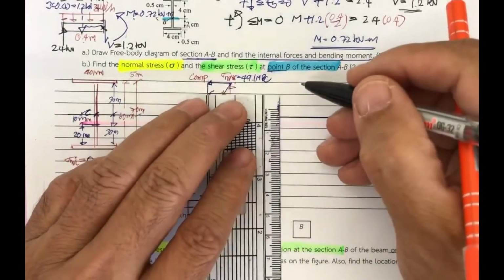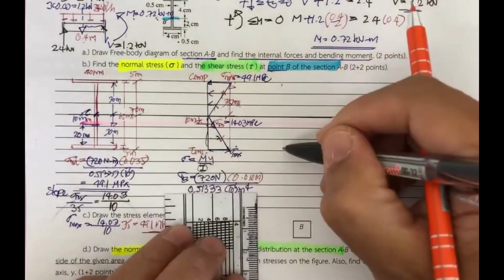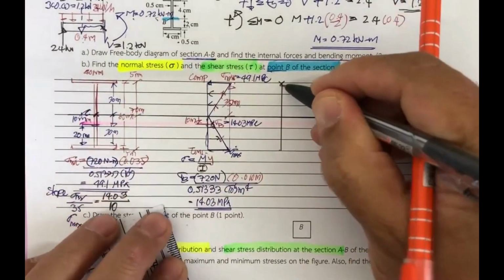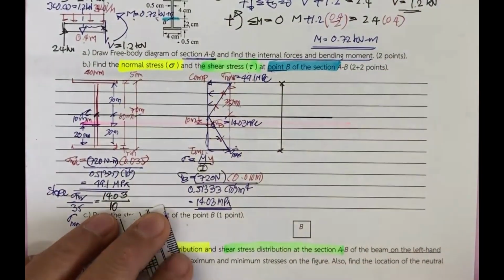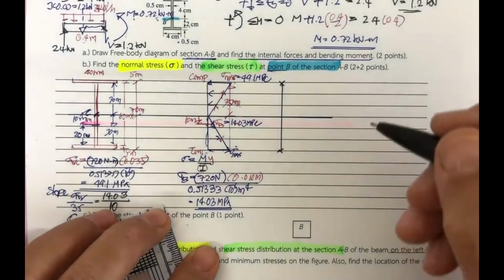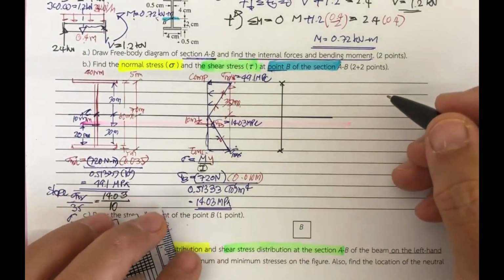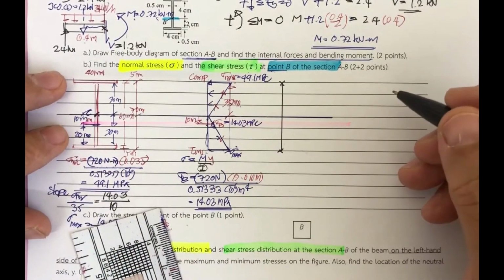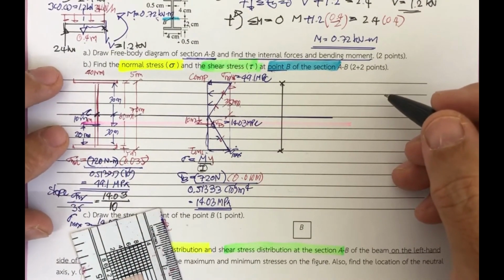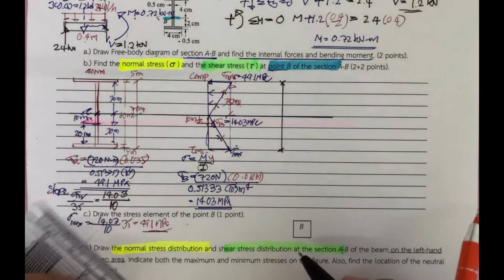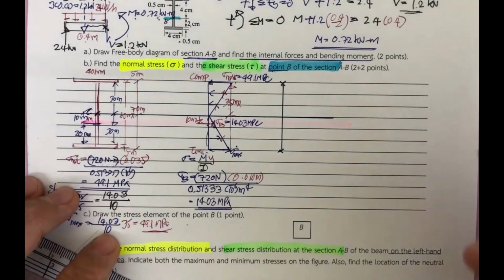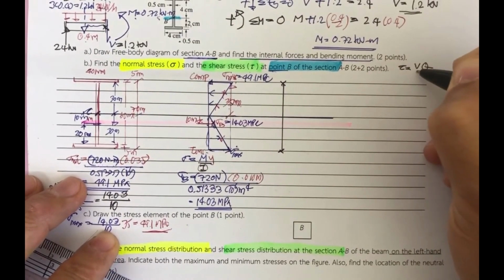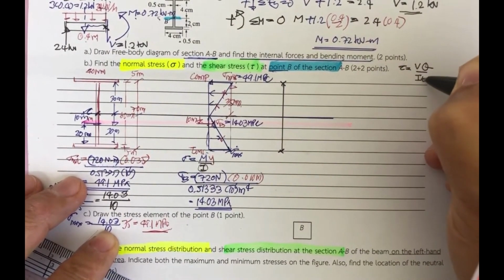The I section is going to look like this, and as I've said many times, the stress distribution for the I section is going to depend on a lot of things. The first thing is the equation used to determine it: tau equals VQ divided by IT.